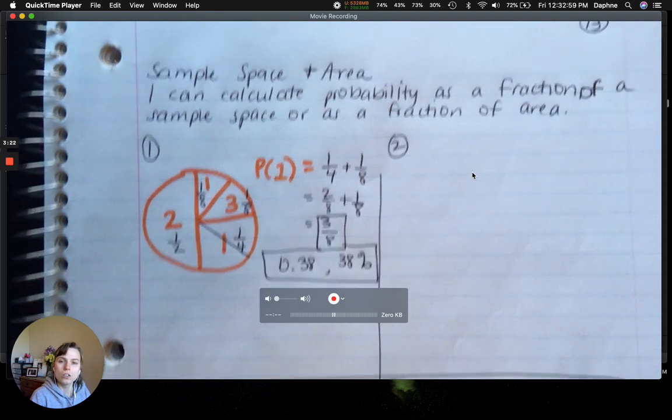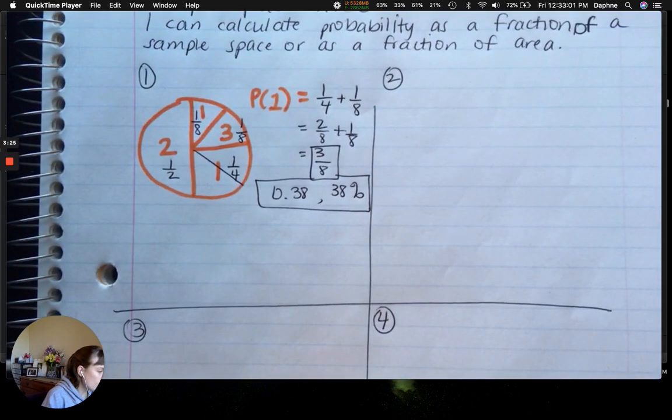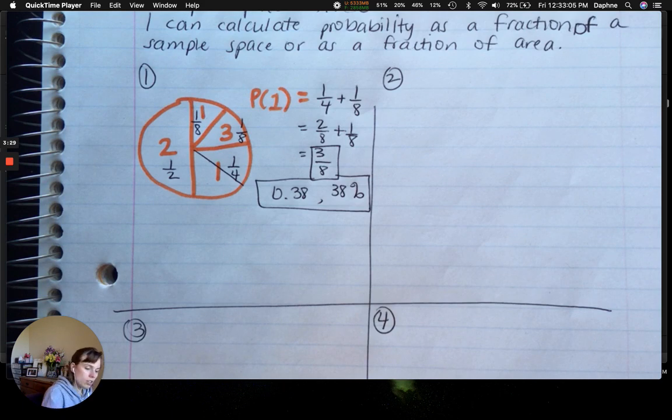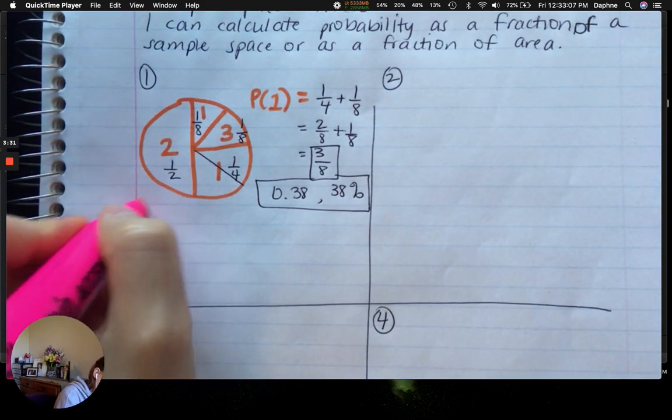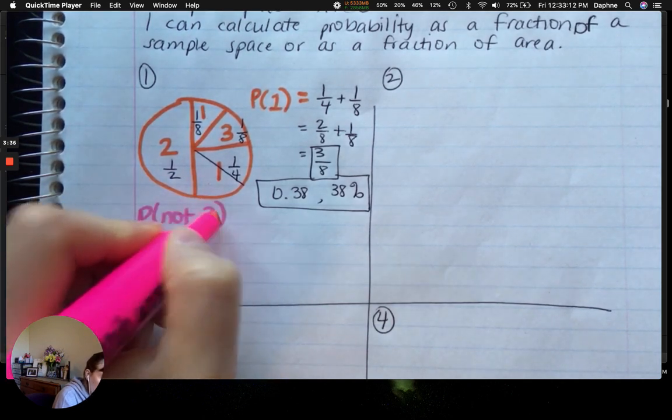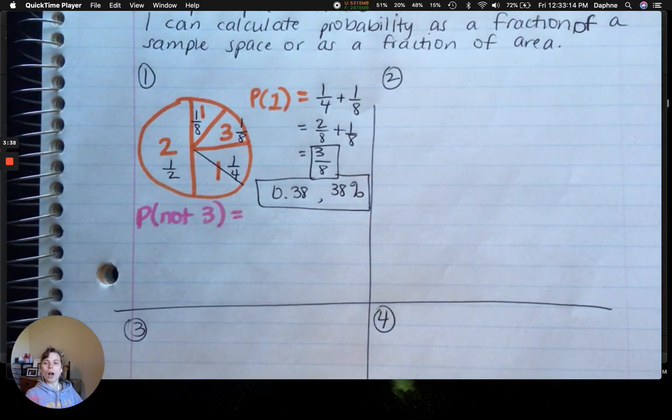All right, scooching this up again. There we go. What if instead I had said probability of not a 3? So I could spin anything but not 3. So 3 is 1/8.